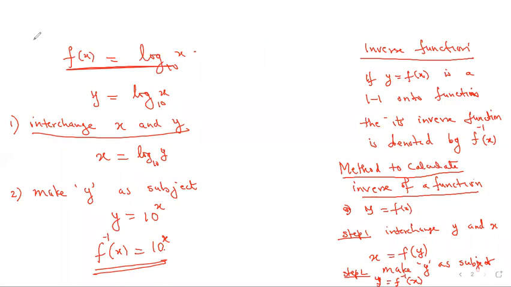Example 1. f of x equal to log x to the base 10, that is, y is log x to the base 10. Apply step number 1: interchange x and y.